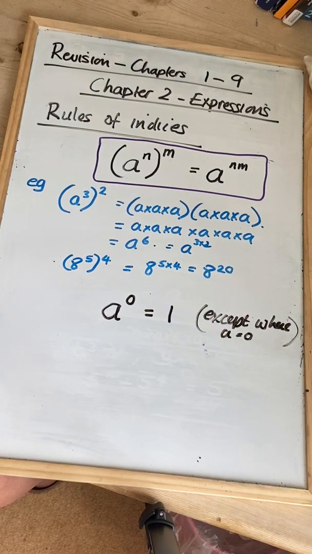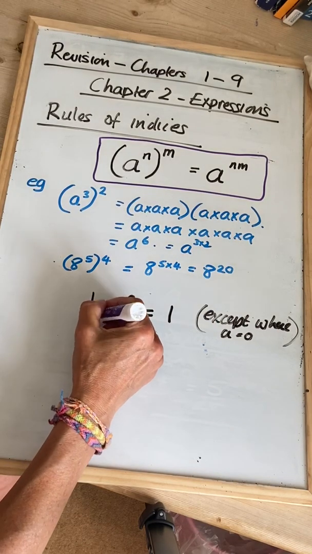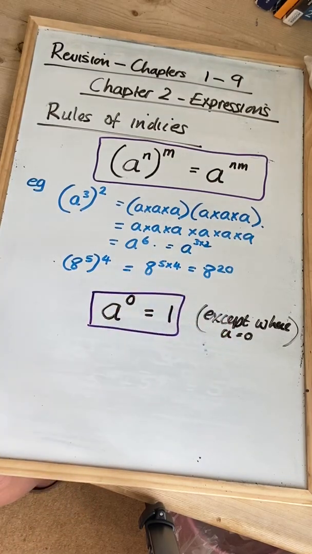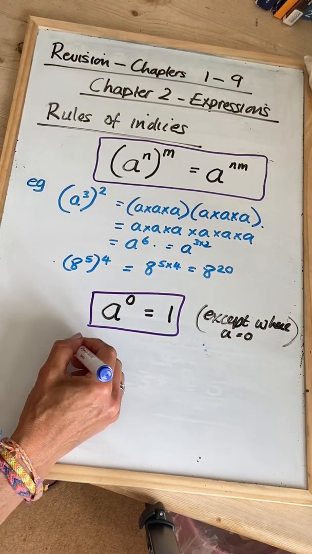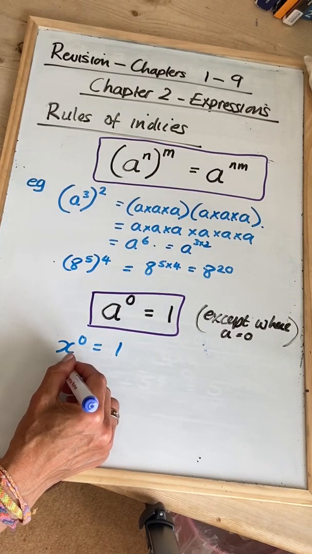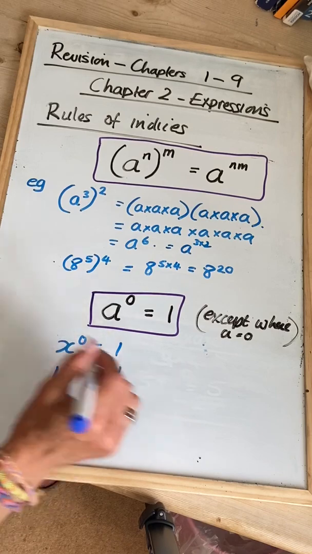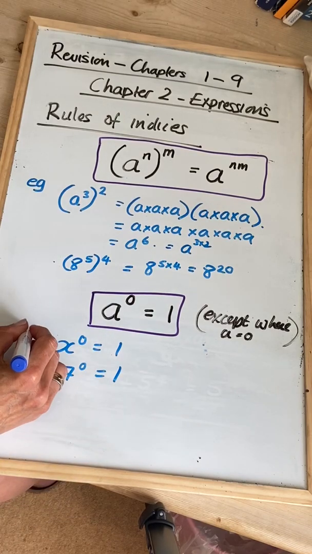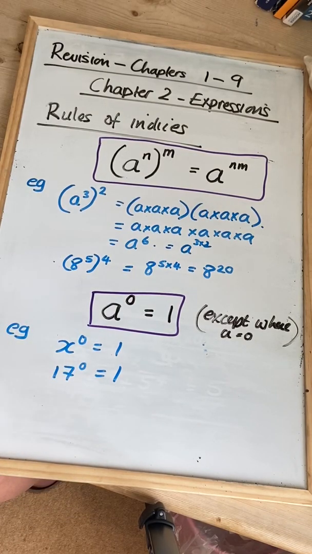So anything raised to the power of 0 equals 1. That means x to the power of 0 equals 1. That means 17 to the power of 0 equals 1. Anything to the power of 0 is 1.